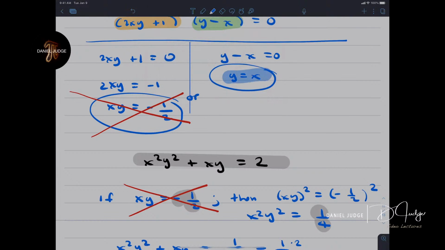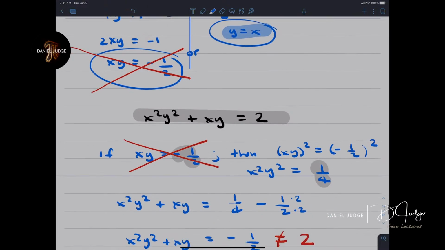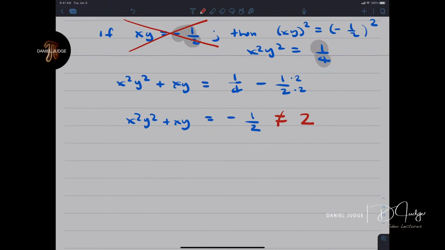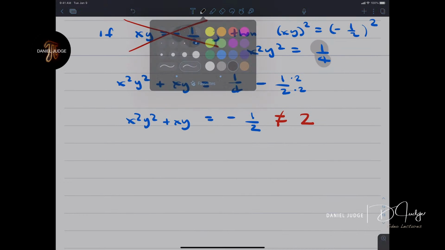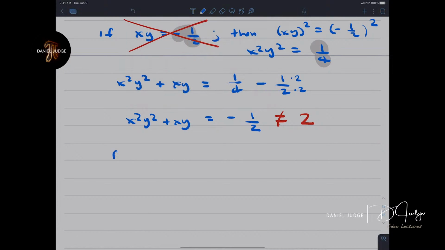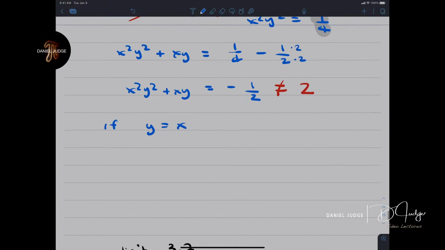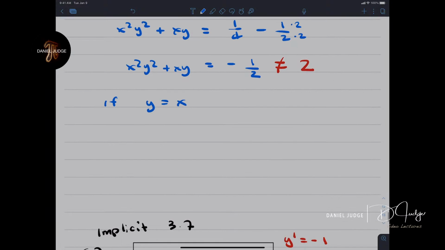So, okay, now if y is x, they're saying y is the same value as x. Here's what this means.